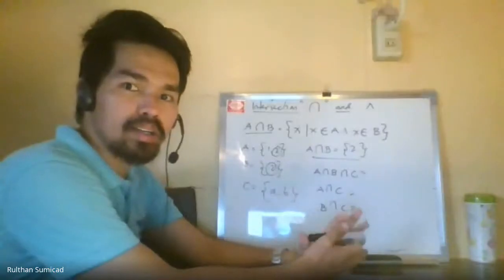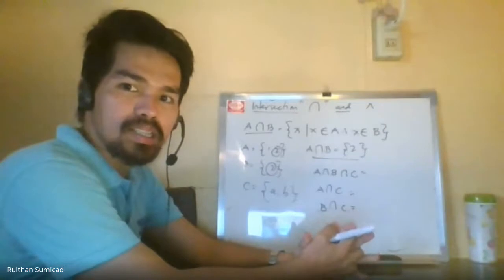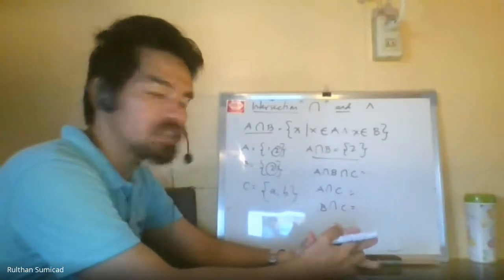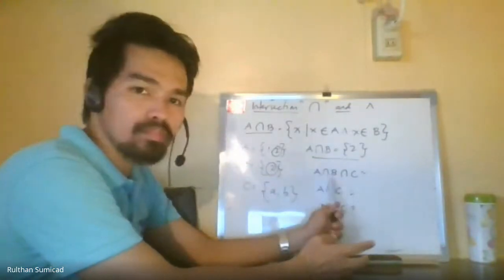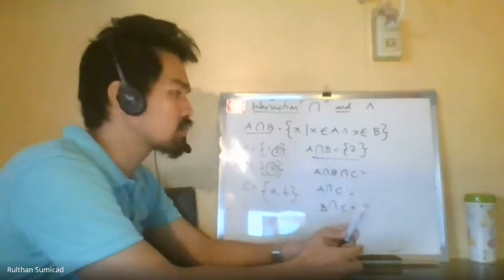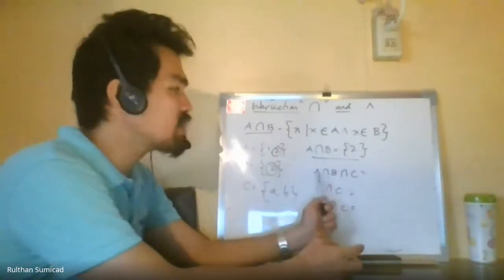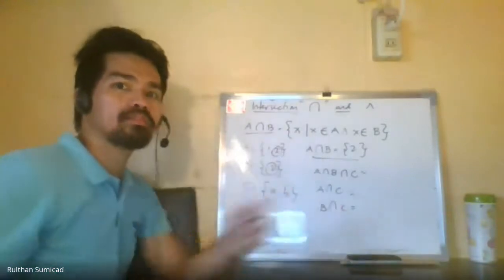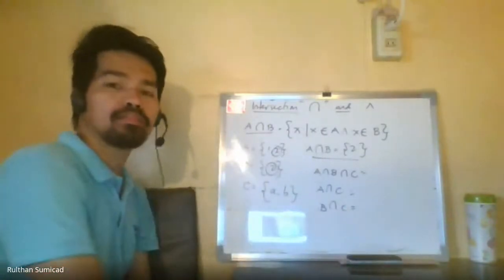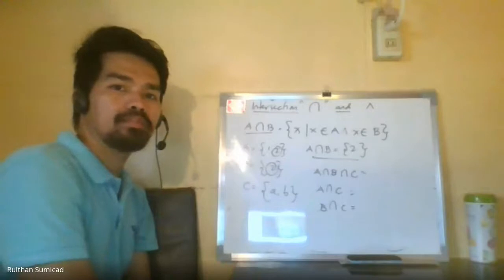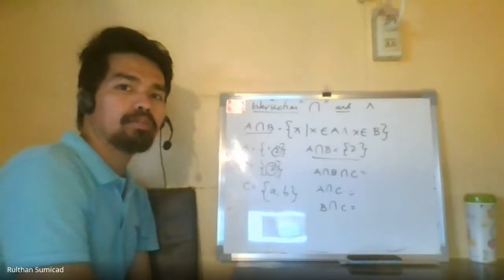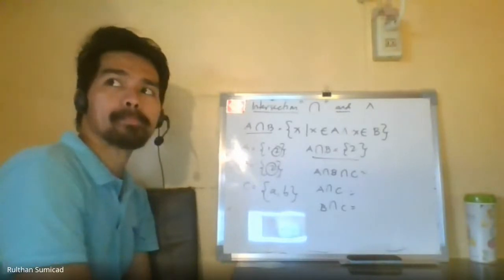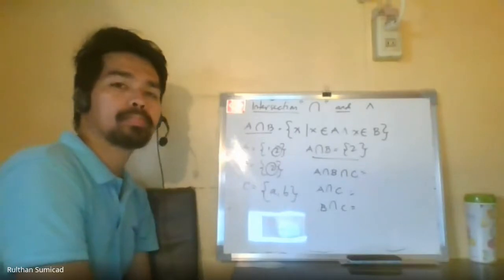Null, sir, null. What is the intersection of the 3 sets here? Anyone? Empty, sir.